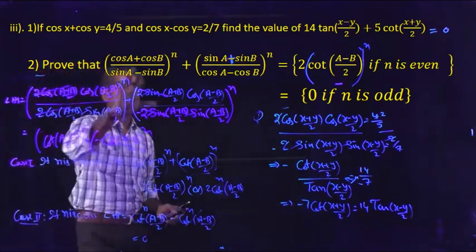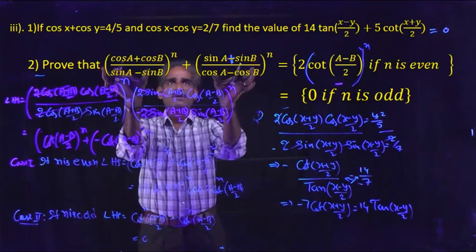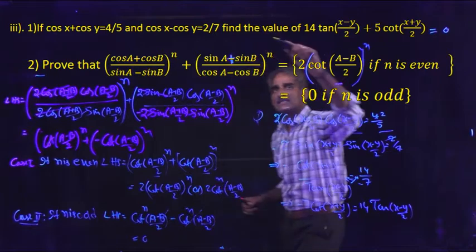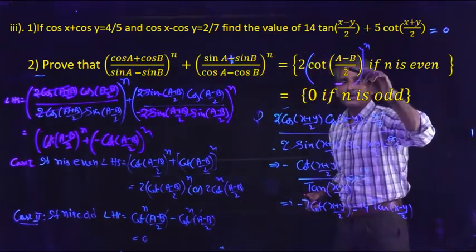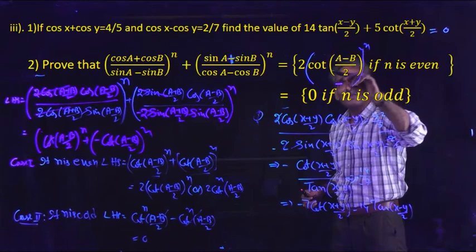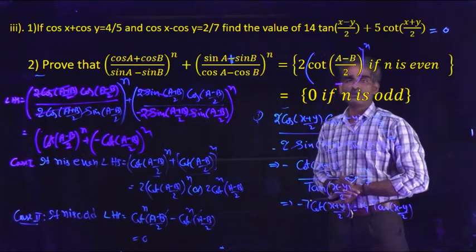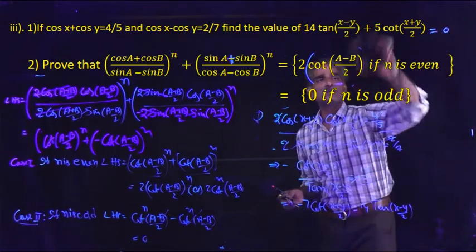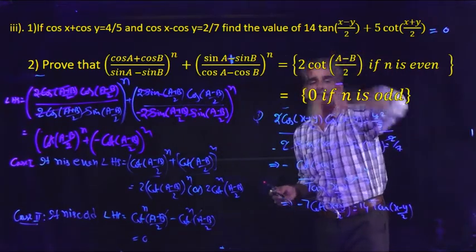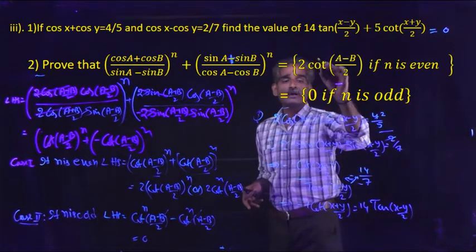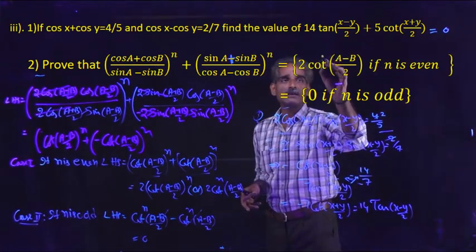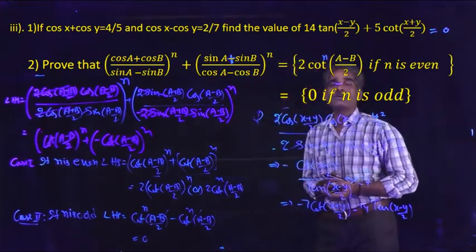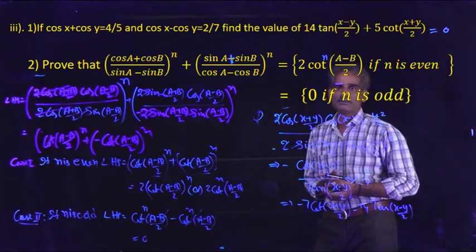Observe that the sum of these two expressions depends upon the nature of n. If n is even, the value is 2 into cot of (a minus b)/2 whole power n, otherwise 2 into cot power n of (a minus b)/2.